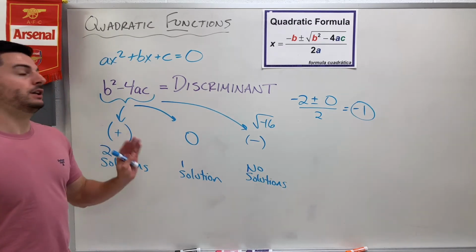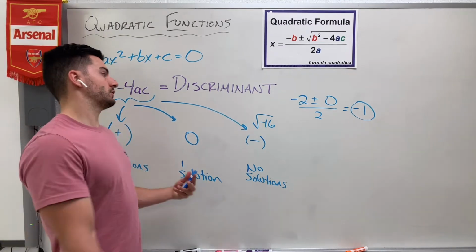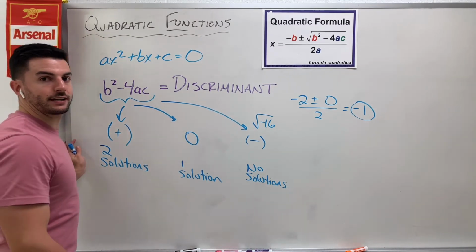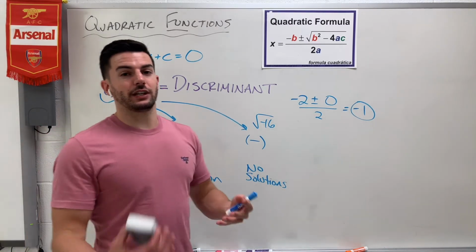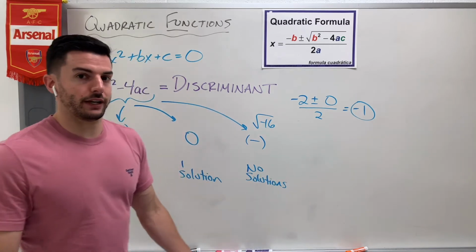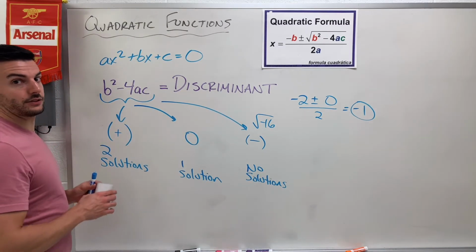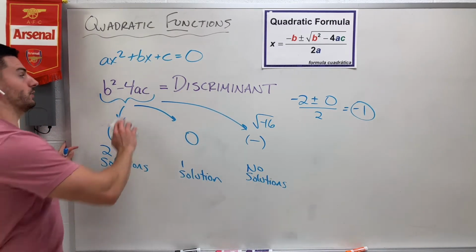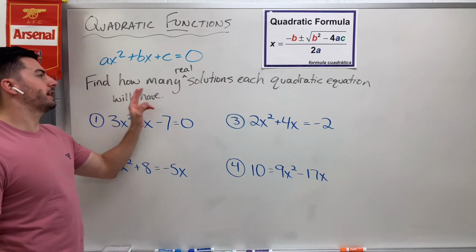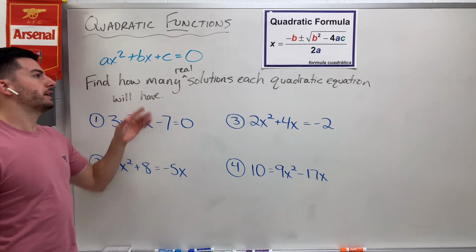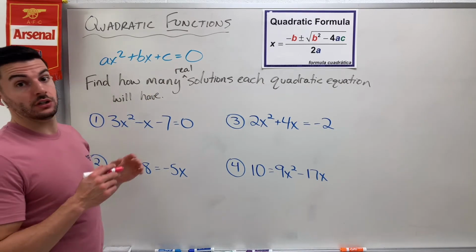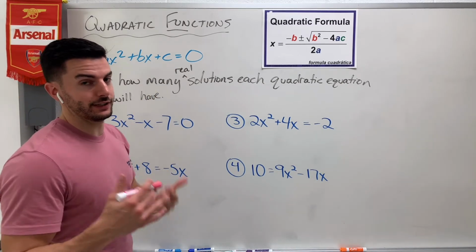So what we're going to do here, we're going to just look at a few examples of quadratic equations, and we're not going to solve it out with the whole quadratic formula, but we're just going to answer how many solutions will it have? Because sometimes you're asked about that too. So let me erase this and we'll do that. If we're asked to find how many real solutions each quadratic equation will have, again, we don't have to factor the whole thing and find the exact answers.